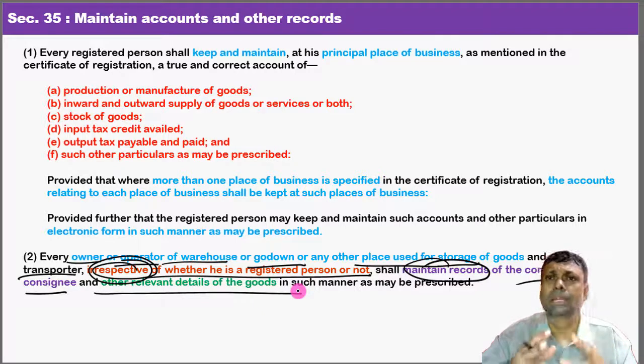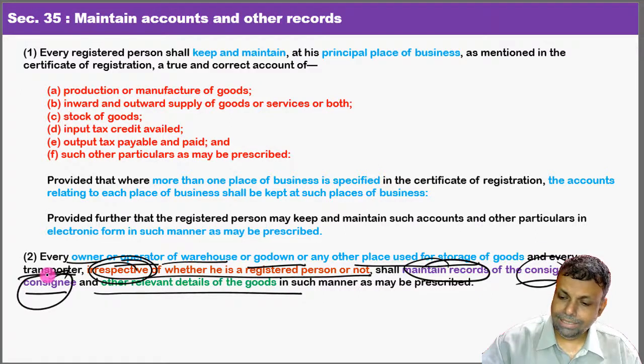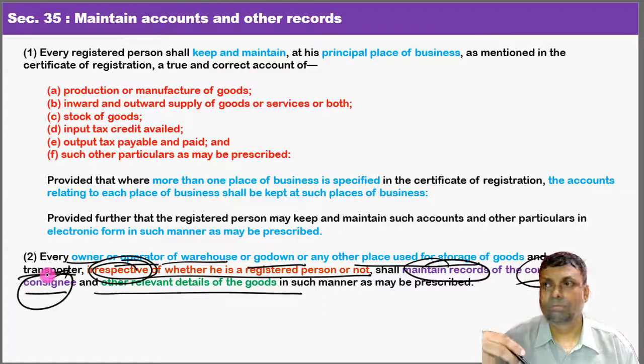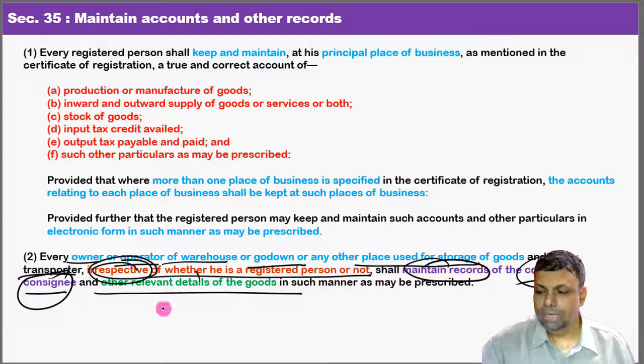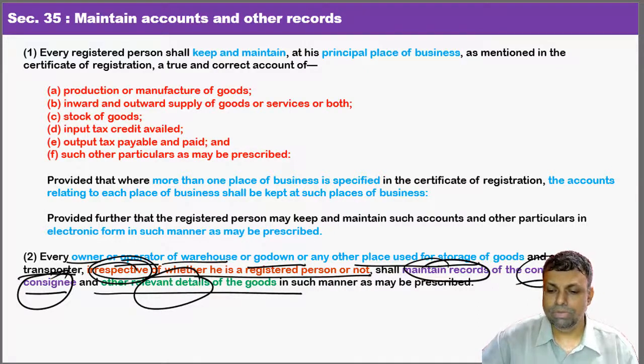That means basically the goods are underneath your control. For the time being, you have to maintain all the necessary records with respect to the consignor and consignee, that means who is the owner, from where the goods have come logically, and where the goods are going, and all other relevant details. Whether you are registered or not registered, you have to maintain these records. That is one of the very, very valuable things.